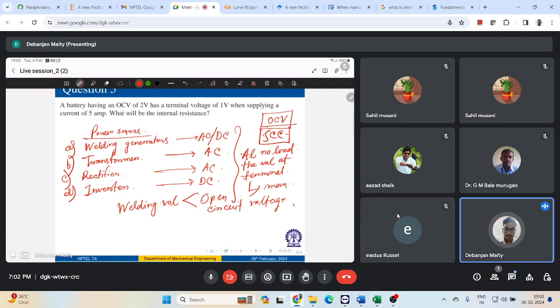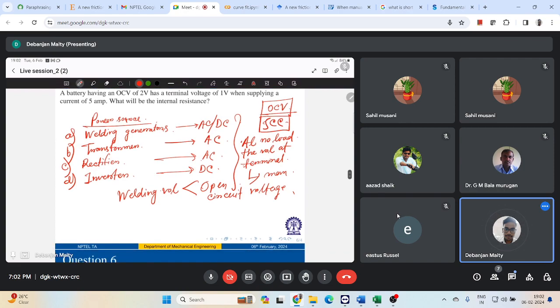In general it normally ranges between 70 to 90 volt for the welding transformer, and for the rectifier it will be somewhere around 50 to 80 volt, right?